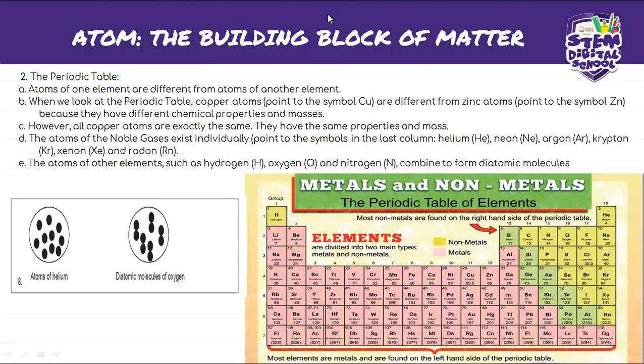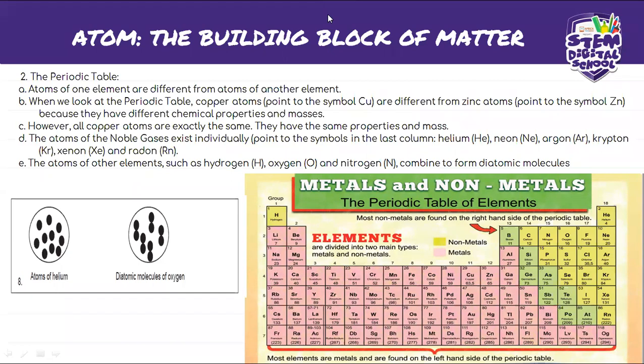If I take a piece of chalk, Anonymous, I'm answering your question. If I take a piece of chalk and I break it down into powder, and then I'm able to take a piece of that powder, then that is the atom.